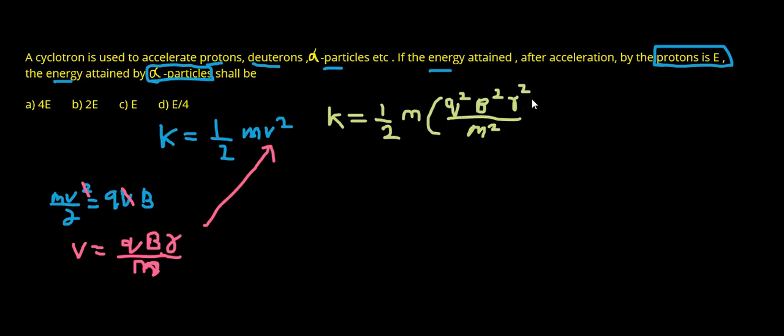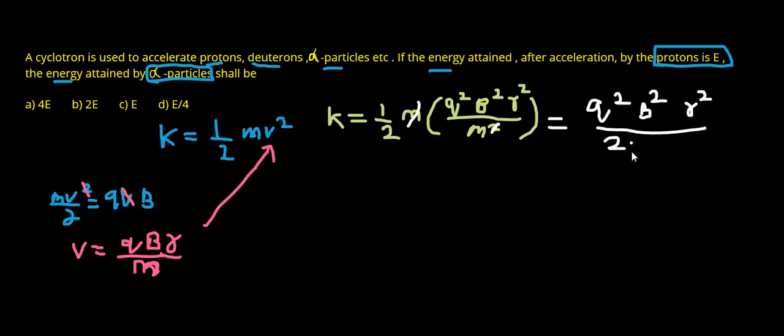Now mass m and the square get cancelled. Finally the kinetic energy is equal to q square B square r square by 2m. This is a relation between energy, charge and mass.